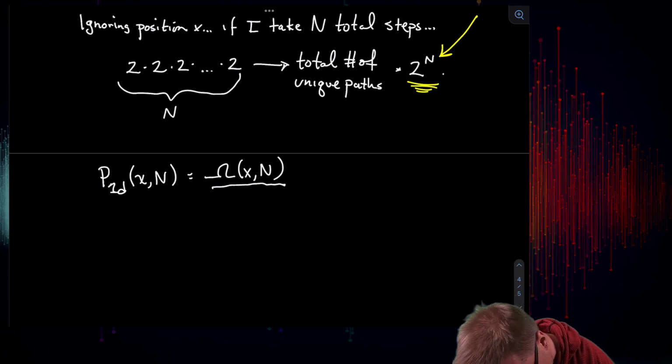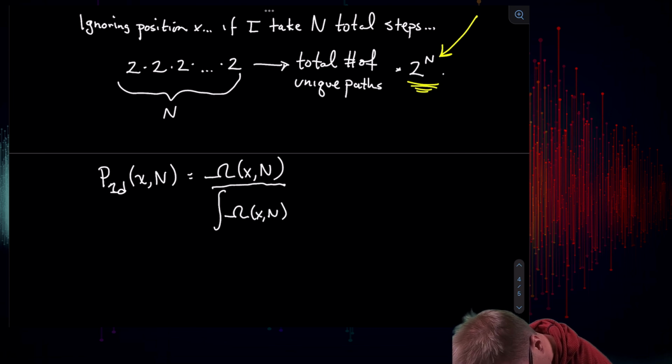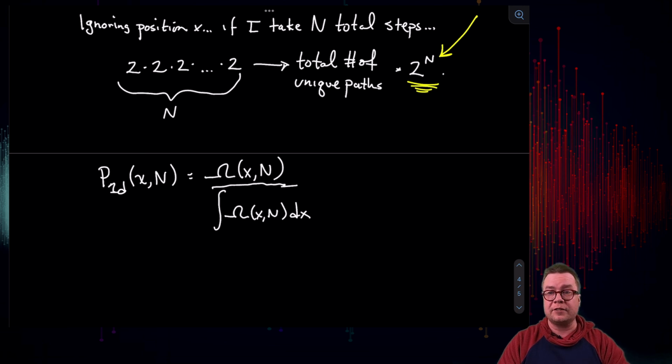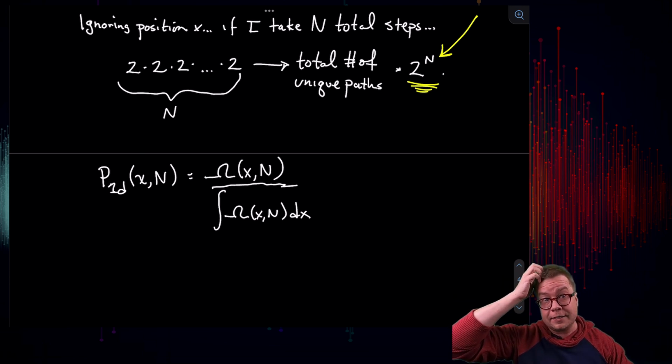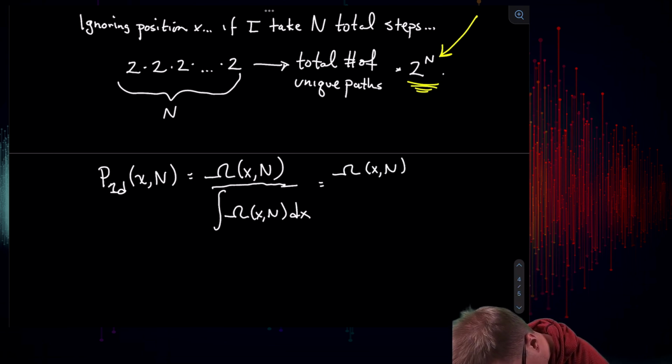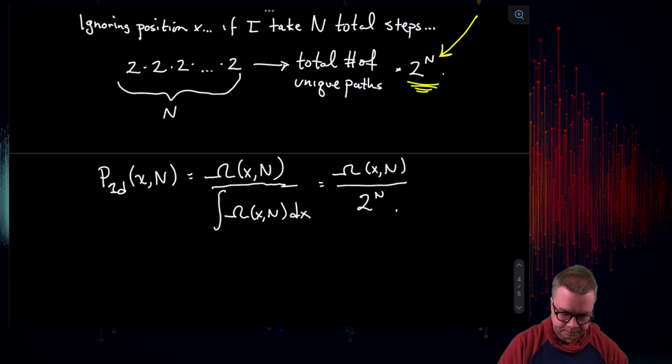So this is equal to the integral of omega of x and n dx. In other words, we integrate the number of microstates for all of the different positions we could end up at. That's the same thing as the total number of unique walks. And that gives us omega of x and n divided by 2 to the n.